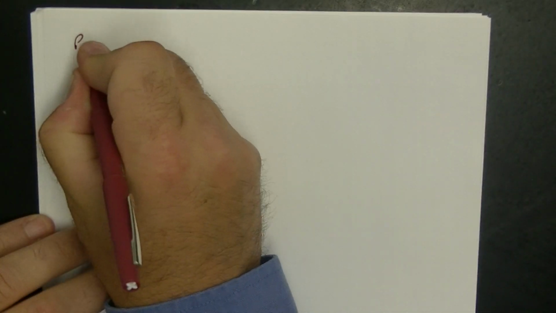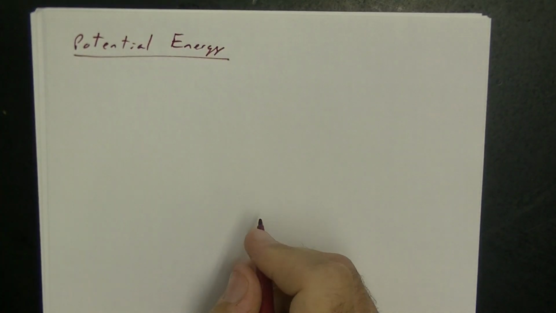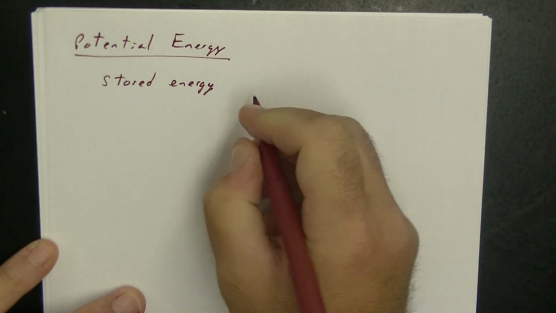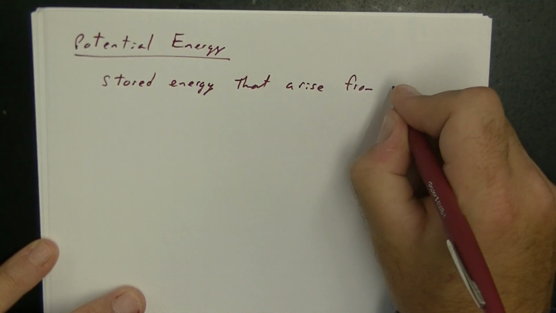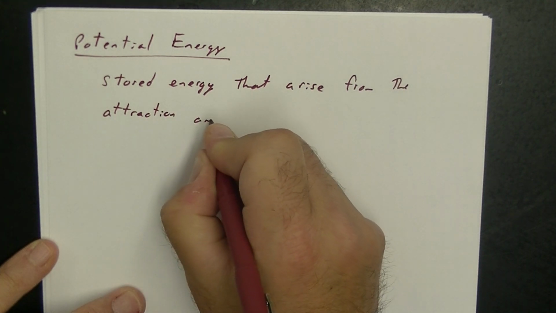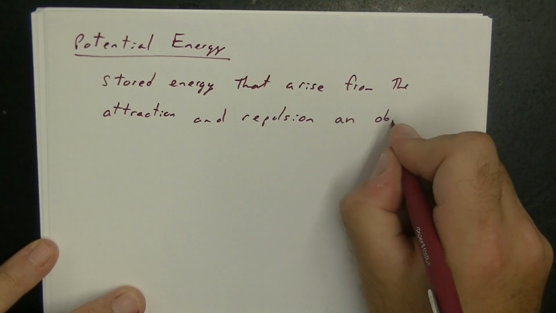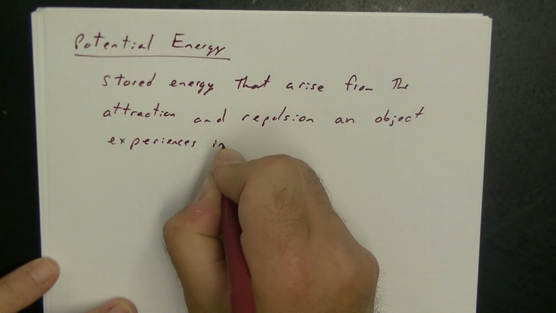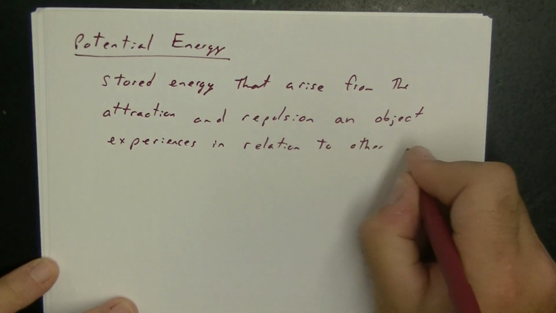Let's talk about potential energy. Potential energy is stored energy that arises from the attraction and repulsion an object experiences in relation to other objects.